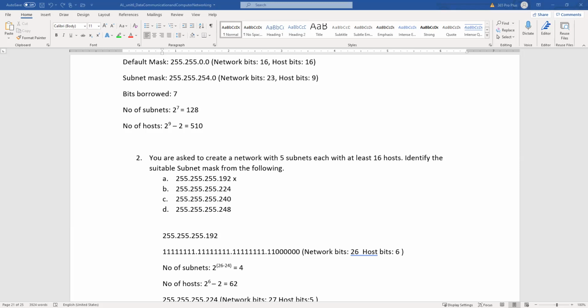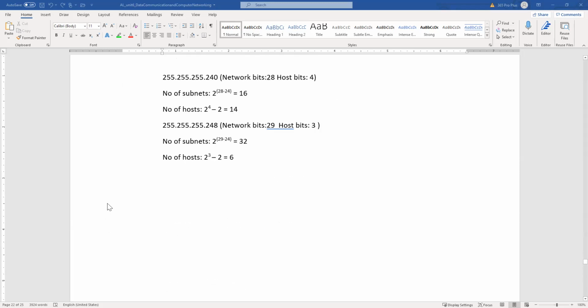We'll start with the use of classless inter-domain routing. We'll write this down, and we'll come back to look at the ranges, which we have not discussed yet. So we will first talk about classless inter-domain routing.